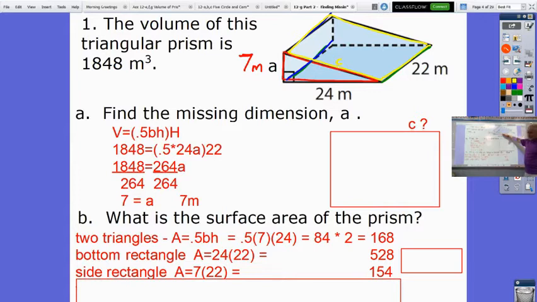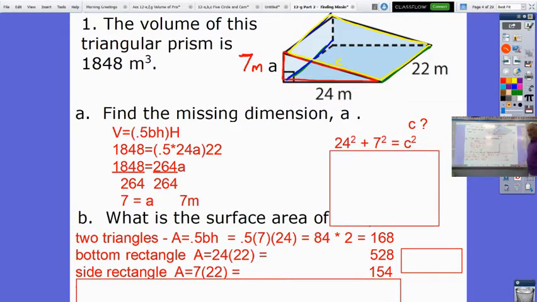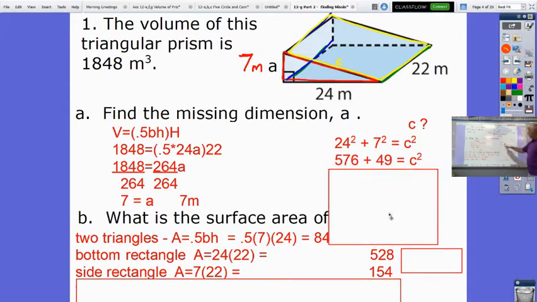It is not given to us, but we can calculate it by using the Pythagorean theorem. A squared plus B squared equals C squared. So 24 squared plus 7 squared is C squared. 576 plus 49, which comes out to 625. 625 is C squared. The square root of 625 is 25.